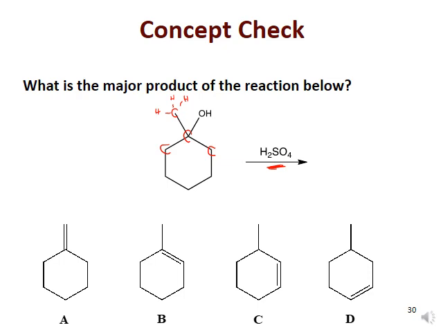This carbon does not have any hydrogens attached, but that's the alcohol. So, since these are the same, reaction can go with either one of these. The question is, we're removing the hydroxyl group, right? But which hydrogen is going to leave? Let's do a different color here.